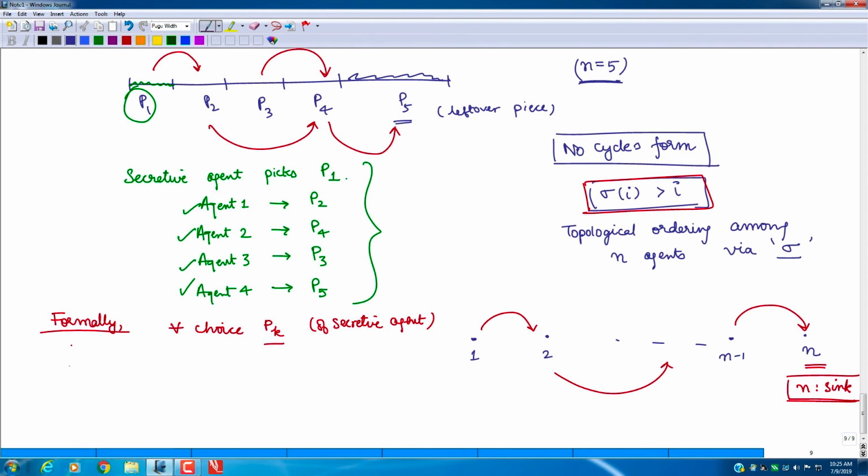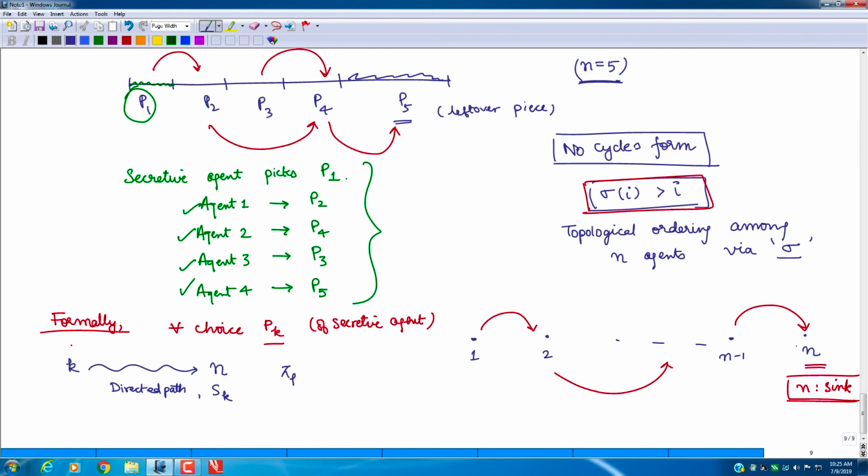If a piece k is picked up, you can have a directed path from agent k till n, and let's say this directed path is denoted by sk.